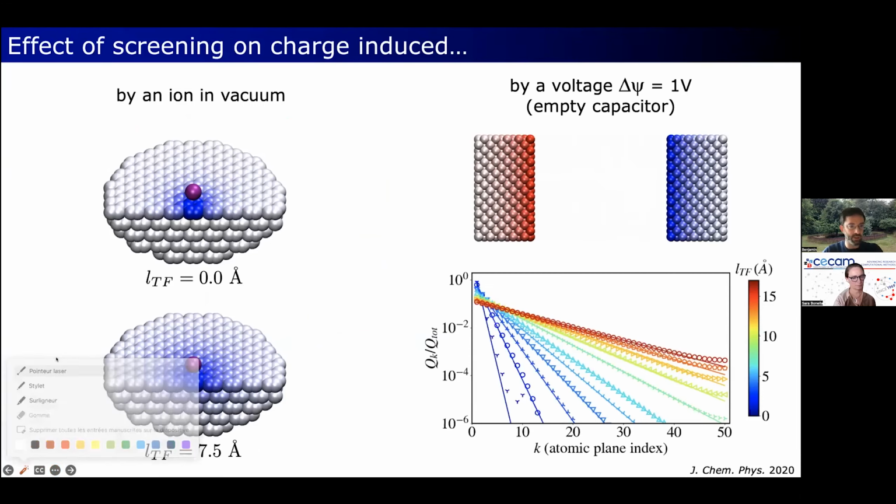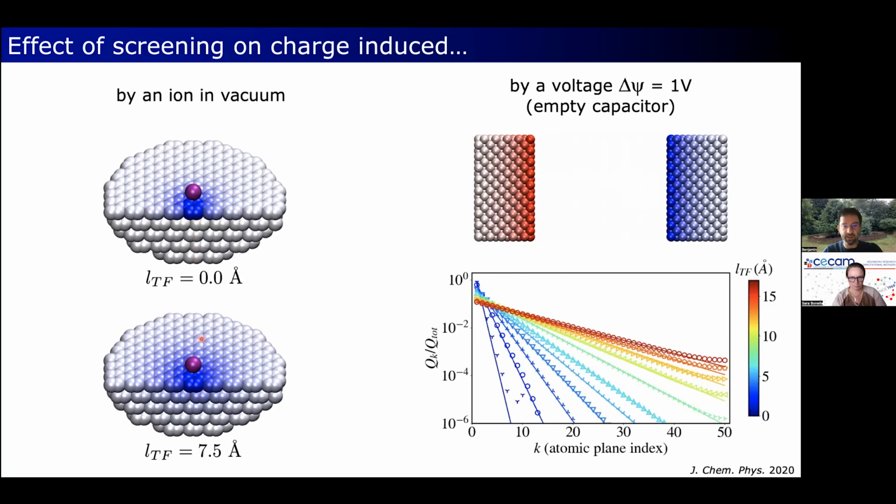Sorry. I'll get back to that. Yes, here you see that with LTF equals 0 on graphite, for example, most of the charge is localized in the first plane, and then the residual charge is localized in the second. Even though they have fluctuating charges, the atoms in the other planes have a zero charge.